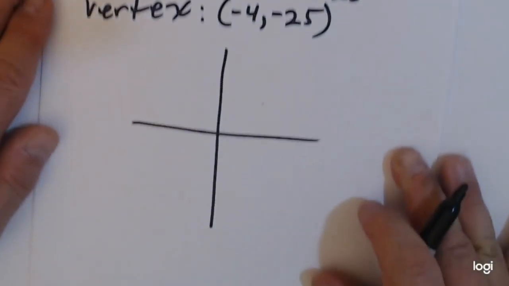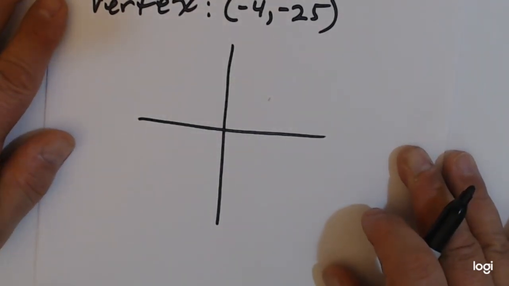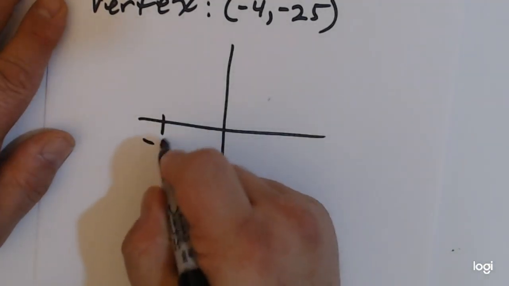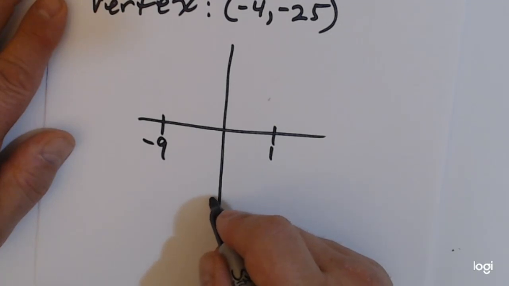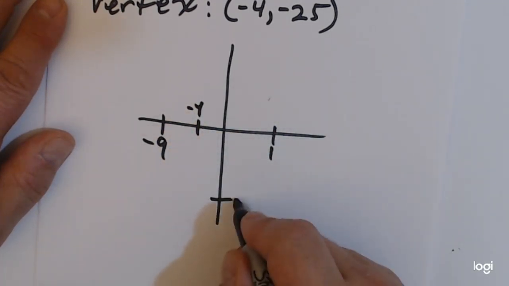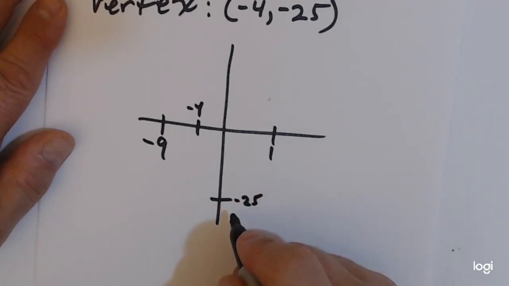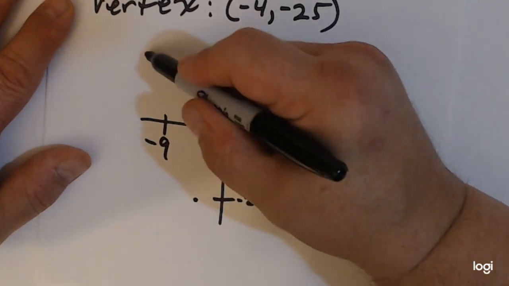So let's draw a little Cartesian coordinate plane. We know that we have intercepts at negative 9 and 1. And we know that negative 4 and negative 25 is where the vertex is.